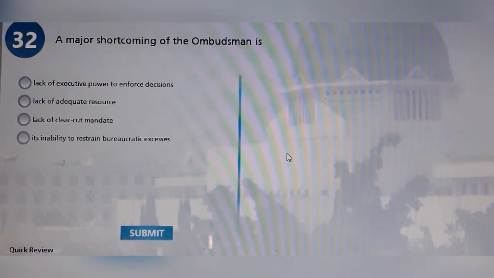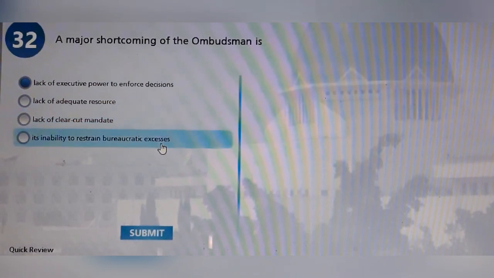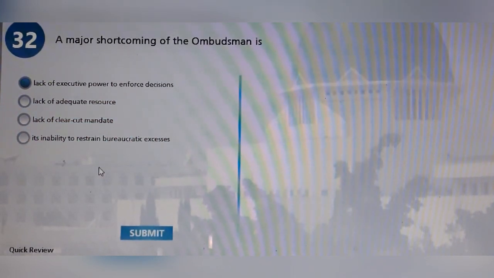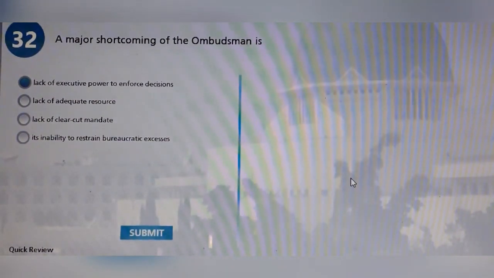So what was its major shortcoming? The major shortcoming of the ombudsman when it was still in force was its lack of executive power to enforce its decisions.